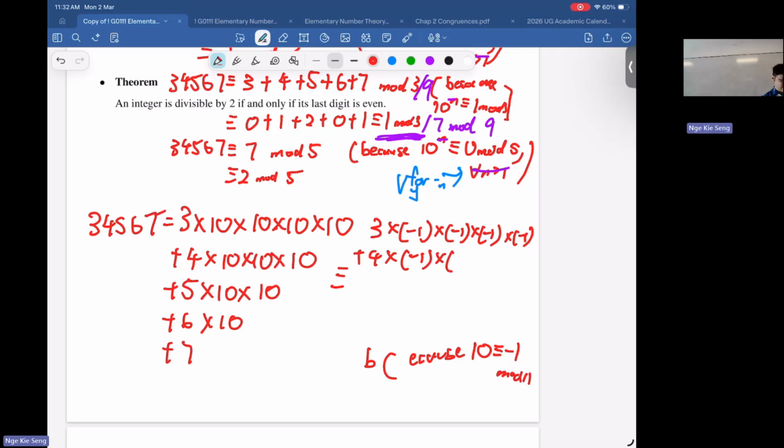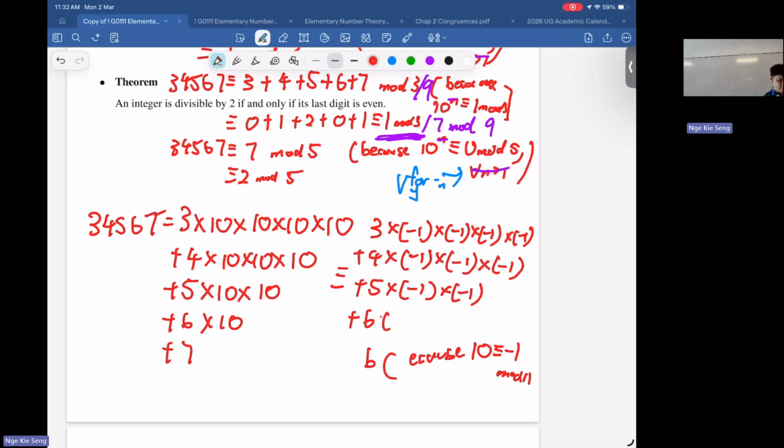Depending on the power, either the minus 1 will survive or it will become positive. When you have an even power, it will be positive.